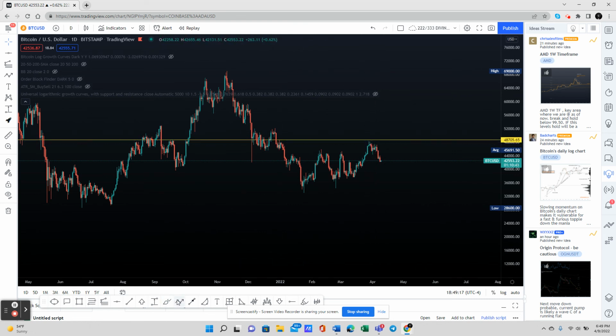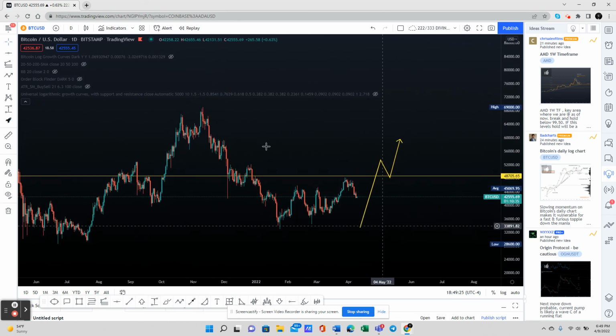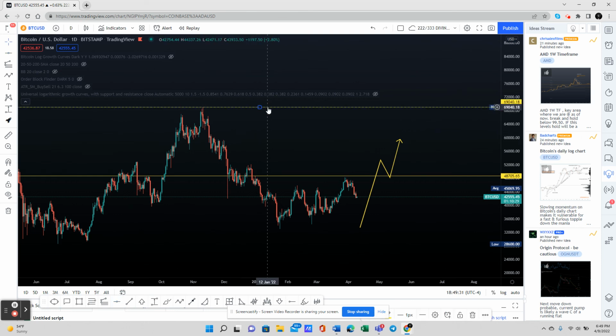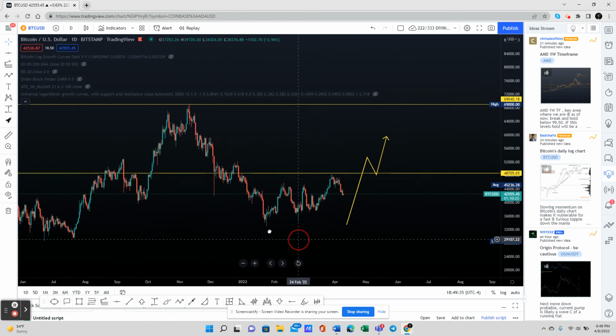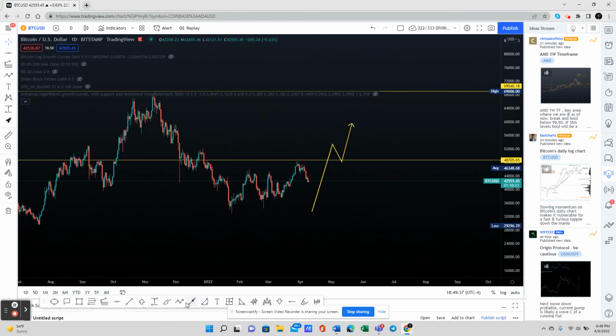So what we need to see is price close above before we even talk about resuming, breaking this 68K region. Be mindful. It's nothing for Bitcoin to still come back up in this area and ping pong, moving sideways.